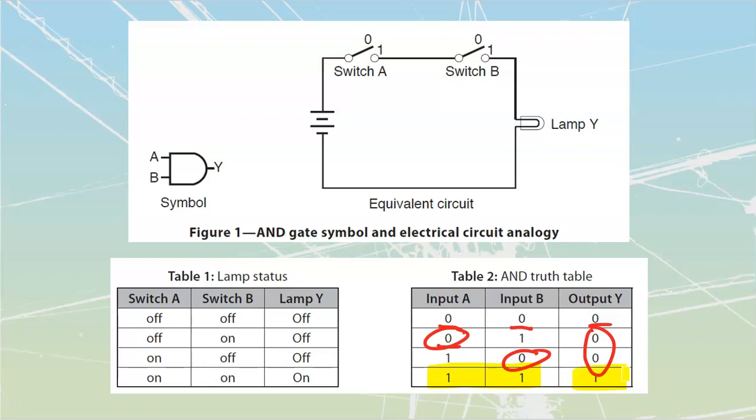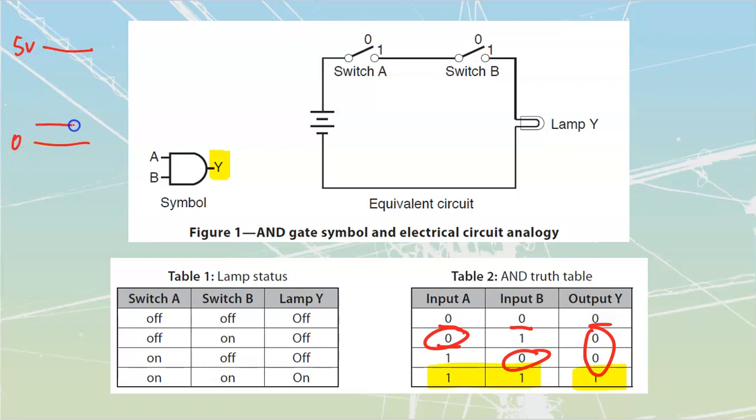These are only going to be true or high on this output when we have all of our inputs high. Now they do go through zeros and ones representing voltage levels, and they talk about how it could be plus 5 volts to 0 volts, and we're just going to quickly blitz through all of that. They're talking about what we refer to as TTL levels, or transistor logic, where we've got 0 volts and 5 volts.